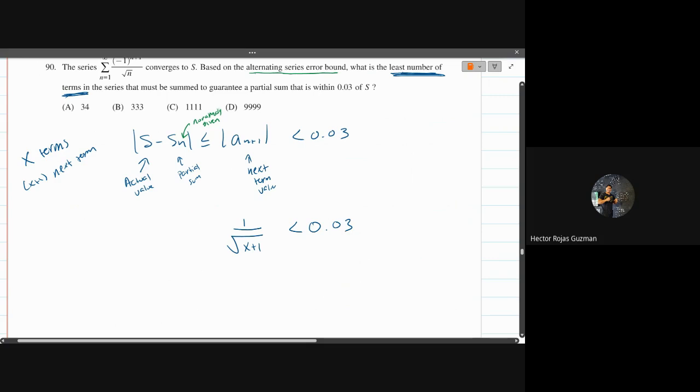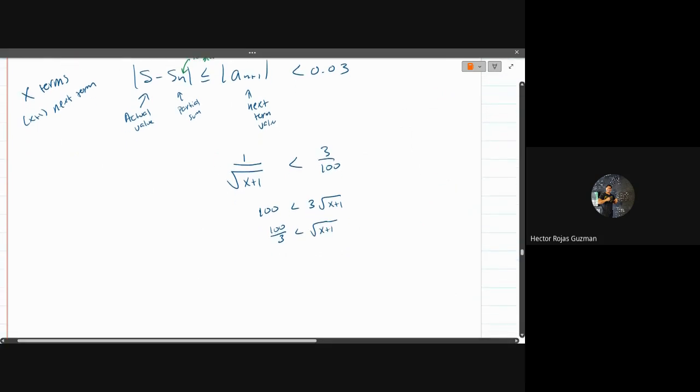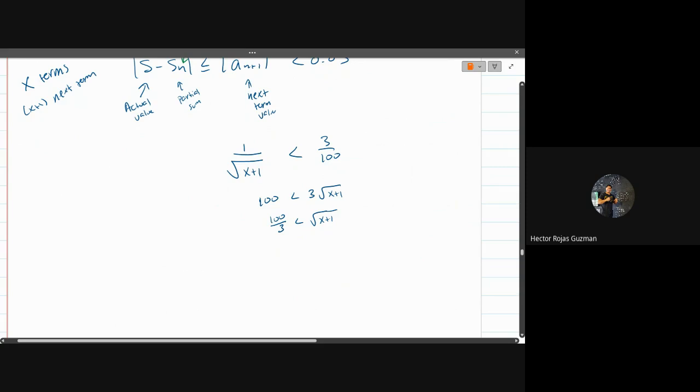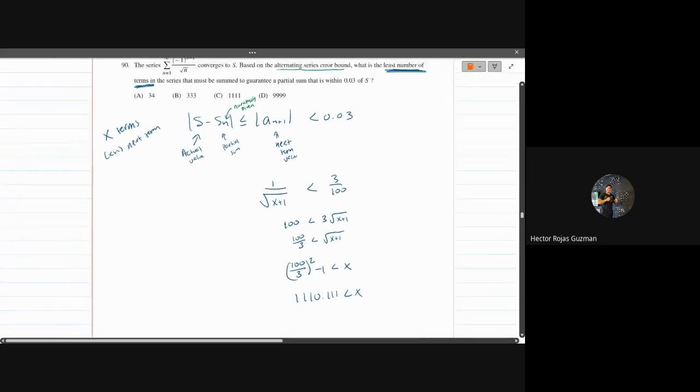You know what? Make it into a fraction. 3 over 100. Okay, cross multiply. Divide by 3. Square it. Oh, thankfully we have a calculator here. And subtract 1. That's going to give you 1,110.111. So how many terms do you have to use?